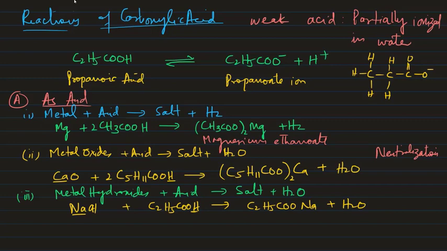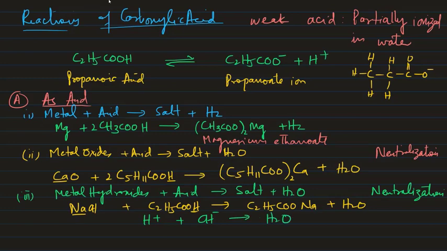And this is the salt, that is sodium propanoate. And this is also a neutralization reaction because it involves the reaction of an acid and a base. We can represent this reaction in the form of an ionic equation, H plus and OH negative give you H2O.